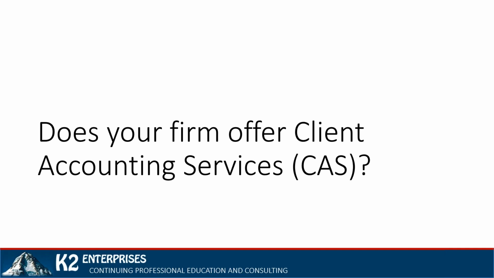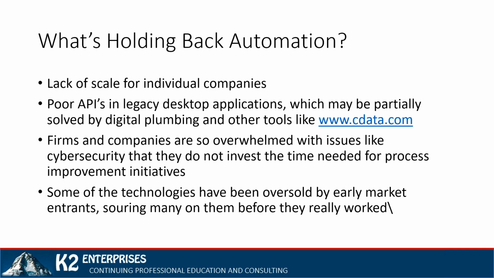I appreciate it. Now, when we look at this, we do have a lot of areas of automation out there. There are things holding it back, though. Many large organizations have scale to where they can implement some of these solutions.